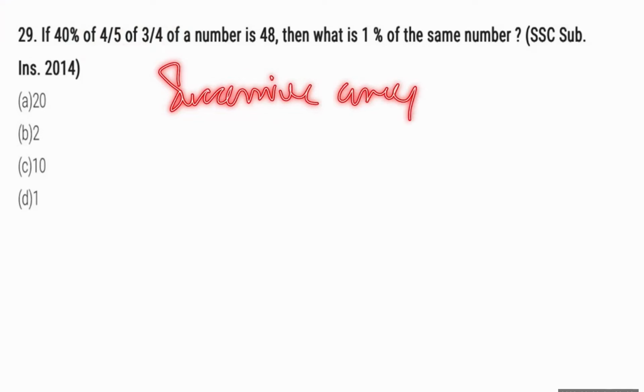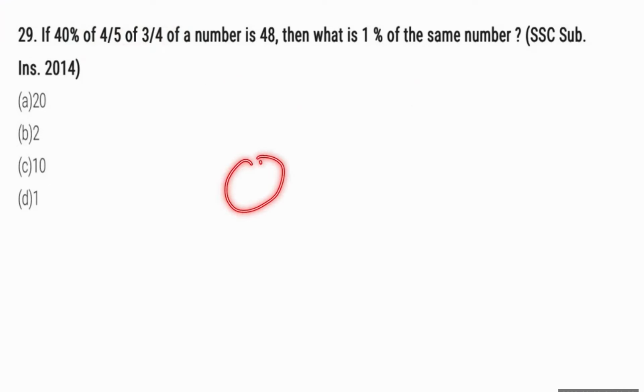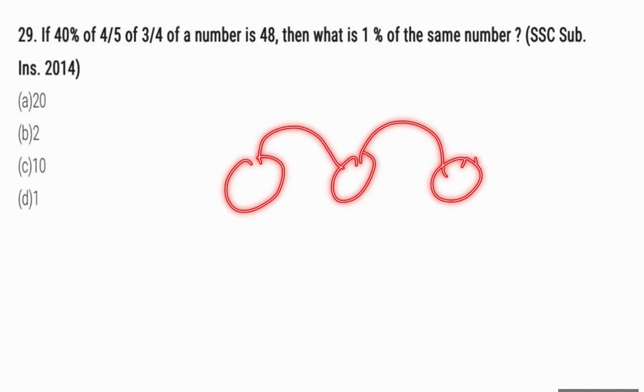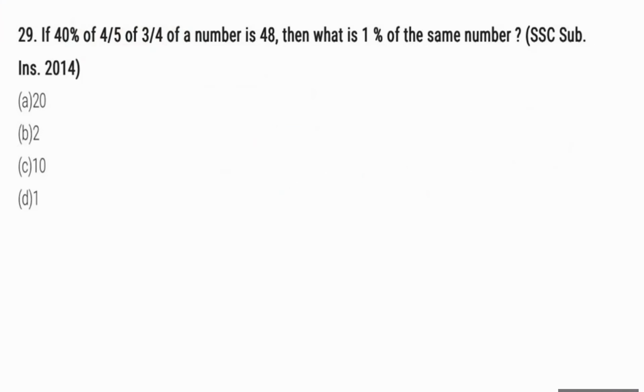Multiply repeatedly, successive. 40% of this repeated, 40% of 4 by 5 of 3 by 4 of a number is equal to 48, that's the question. 1% of the same number, that's x.